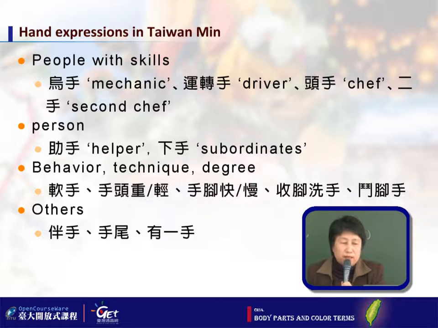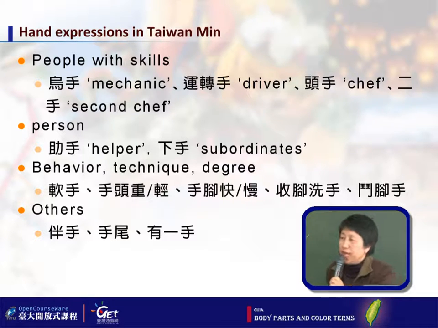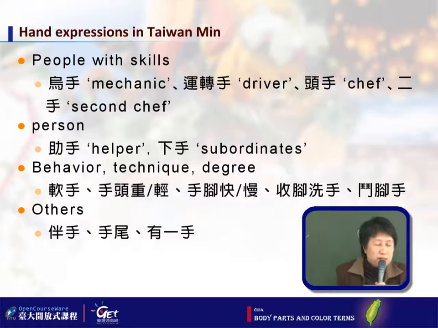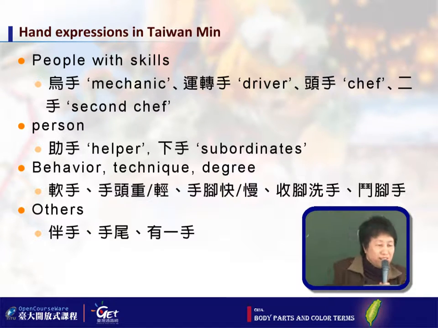Your hands are quick or hands are slow, referring to speed. If you withdraw your feet and wash your hands, meaning you quit these bad behaviors or quit being associated with underground gangs and all that.